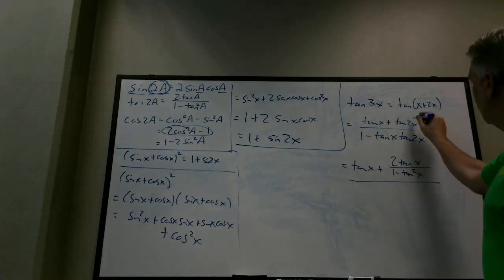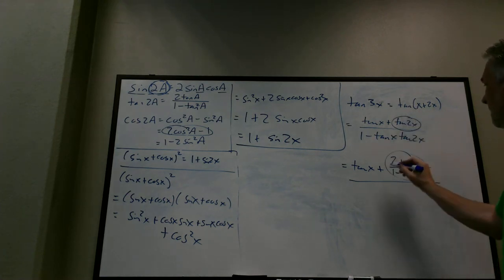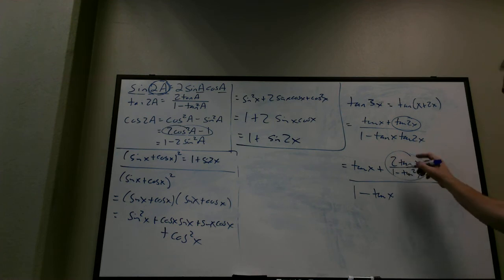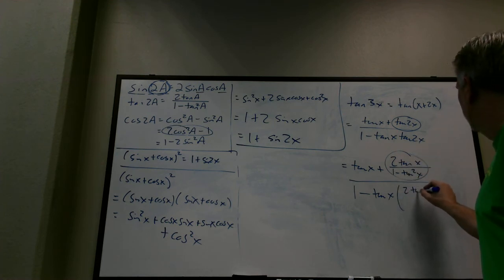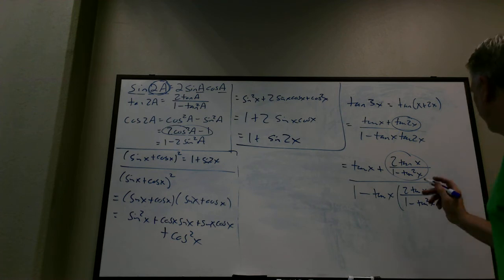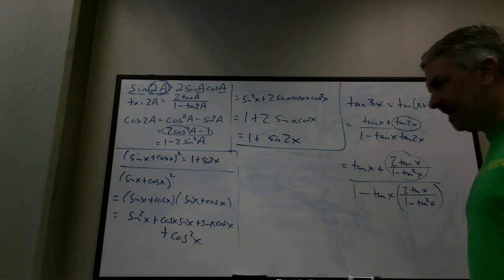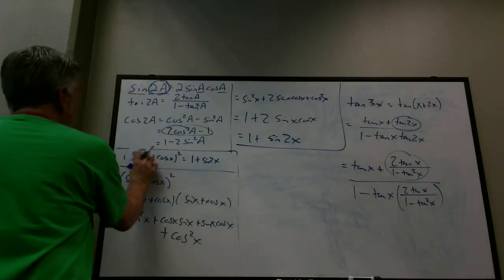So I'm just replacing that with that, 1 minus tan x times tan of 2x, so it's that again. Okay, that's kind of a mess. We need to try to clean that up.